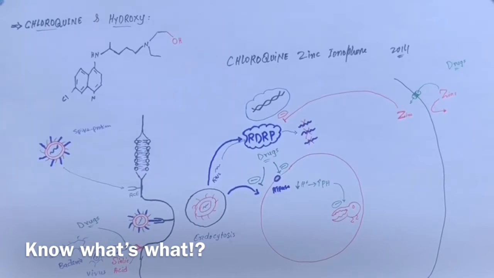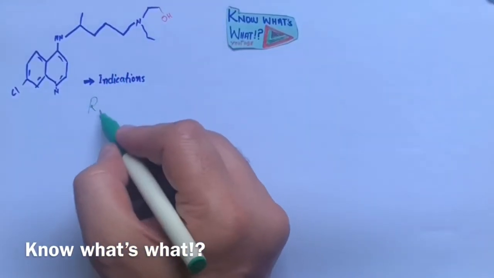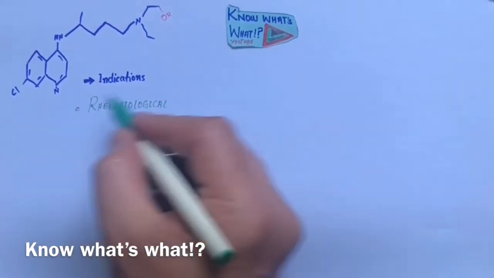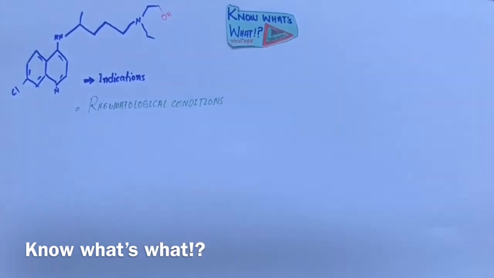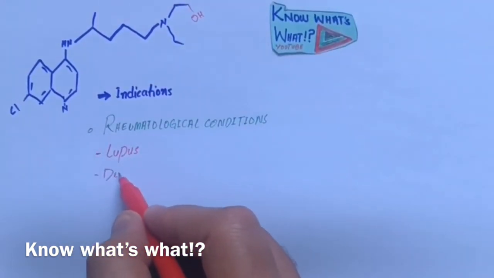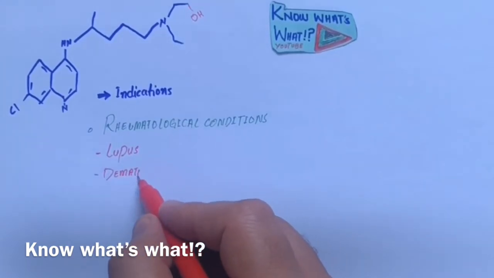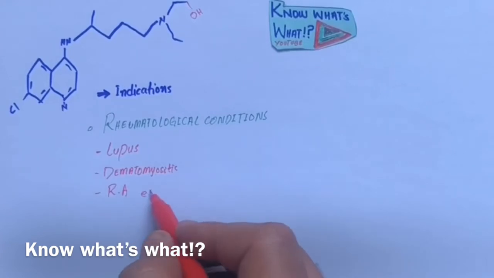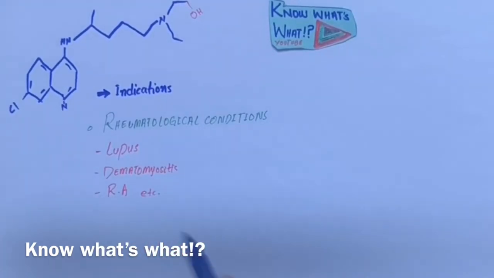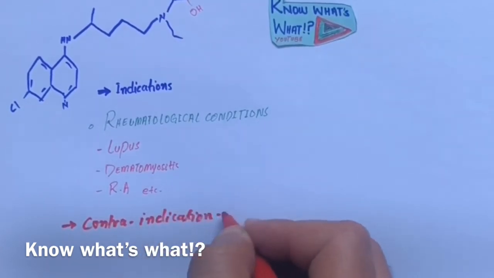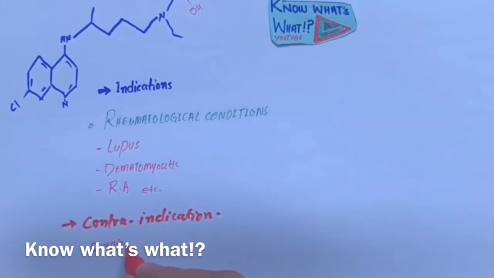Now, let's look at the indications of chloroquine. It's been used in rheumatological conditions like SLE or lupus. It's used in dermatomyositis and rheumatoid arthritis. It's contraindicated in people who had a previous hypersensitivity reaction to chloroquine and hydroxychloroquine, and it has some adverse effects.